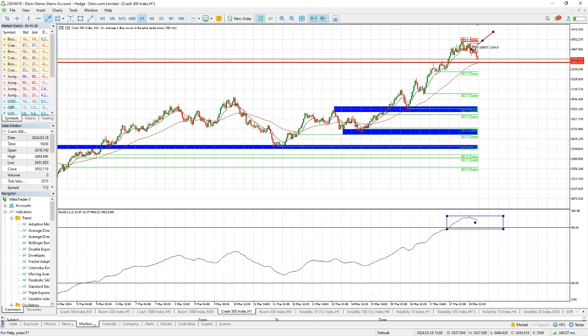So right here, we can see a break of market structure. We can see that we were in an uptrend, but our price decided to turn and cross to be below our EMA 14, the green or blue line right here that we have. So these are our first two conditions that have been met by the market.